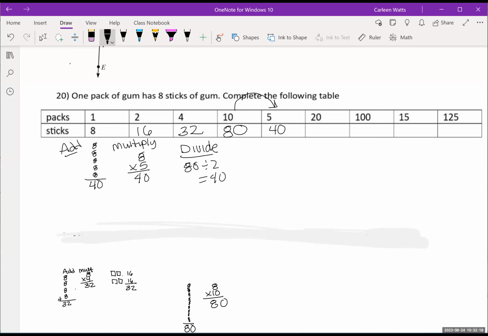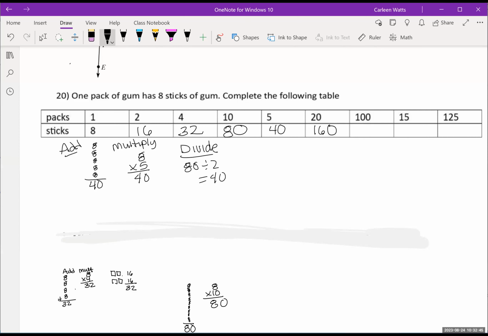Okay, we are out of time, so we're going to go quickly. If 10 packs are 80, how much are 20 packs going to be? There we go. I'm going to double it and get 160. See how we're creating pathways and dendrites by looking at it all these crazy ways?